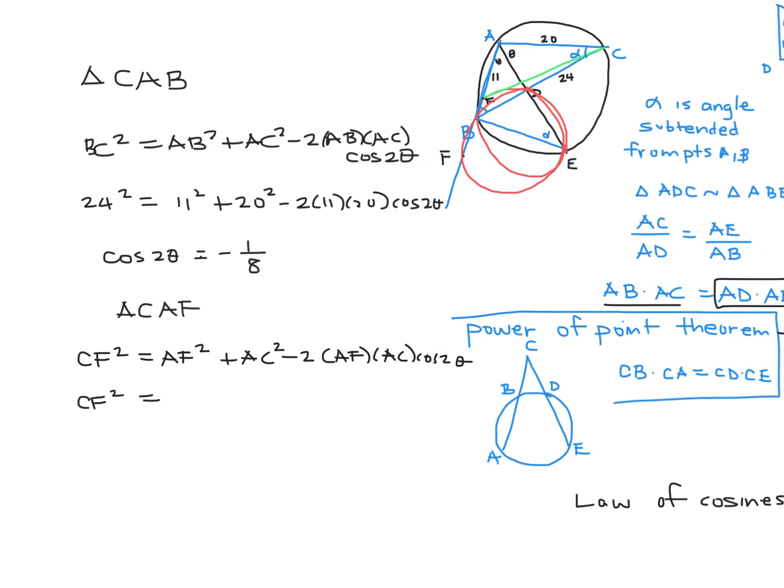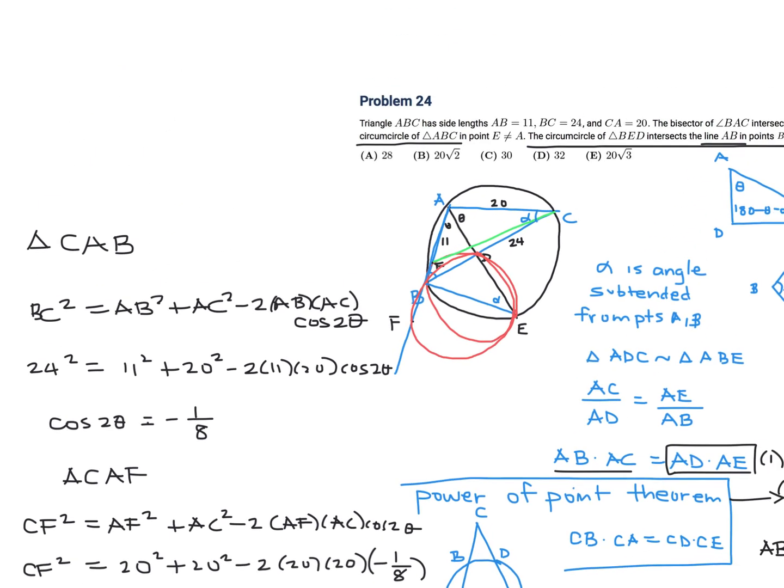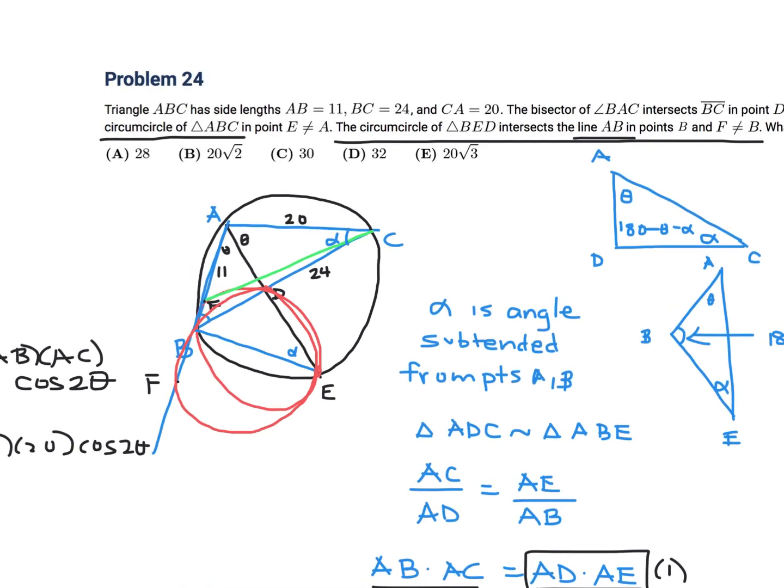AF we had concluded was 20, and we had to redraw the diagram a little bit because it didn't make sense. And then AC is 20, minus 2 times 20 times 20 times negative 1 over 8. And there you go. You got all the numbers there. So when you crunch out these numbers, you finally get that CF is equal to 30, and that is the answer to this question, and therefore 24 is C.